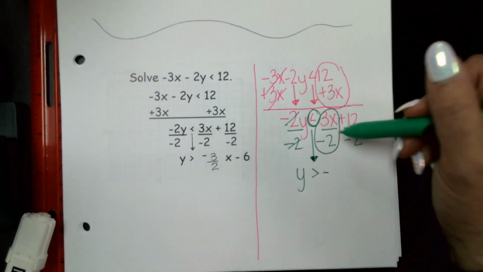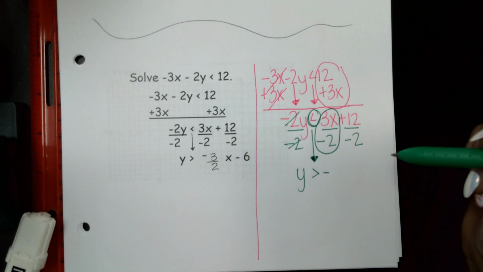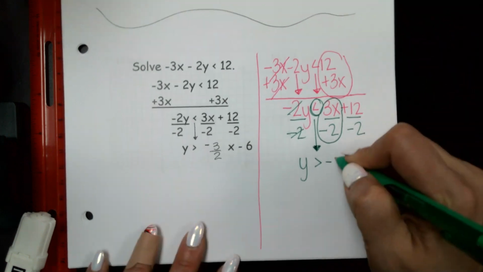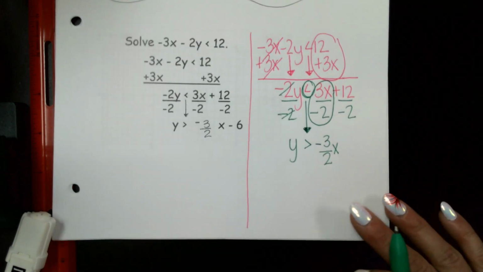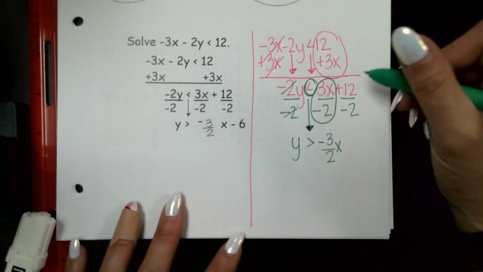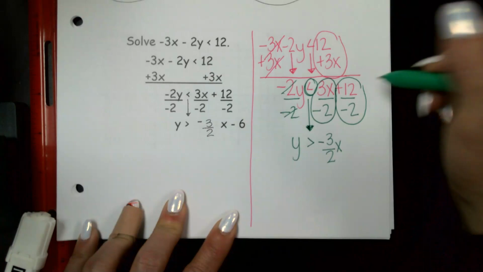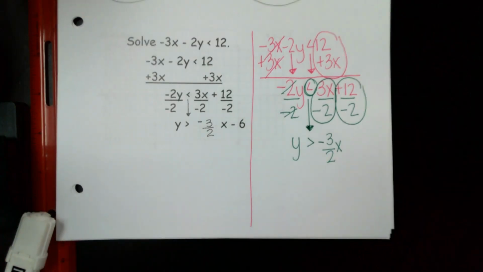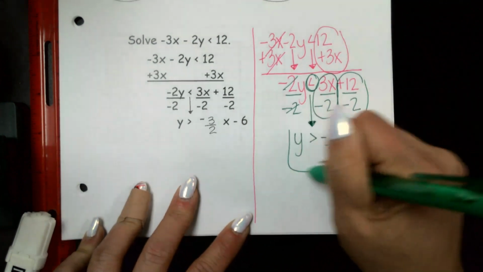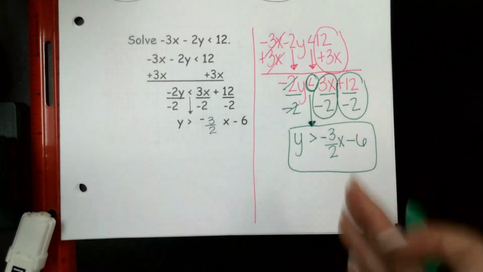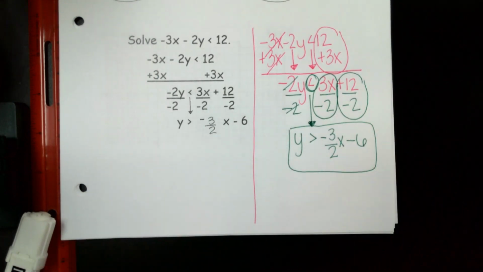Now can you reduce 3/2? No, 3 and 2 don't have anything in common except for the number 1. So you leave that as a -3/2 x. And then do the division here, because this should give you a whole number answer. It might be positive, it might be negative. What is it? -6. Now we have it in the form that we need it in.